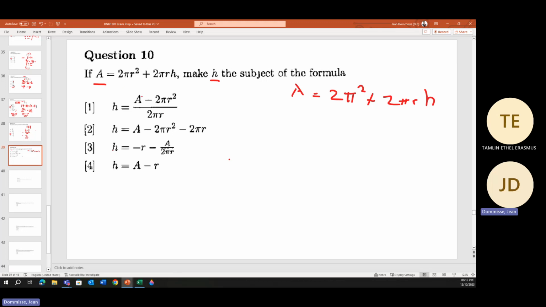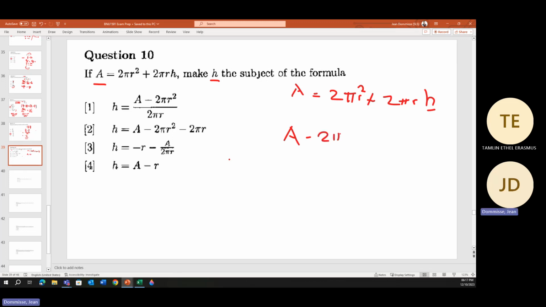If you look at all these options, the first thing I would have done is to say, okay, we need to isolate for h. So what I would do is first get rid of the 2 pi r squared. To get rid of that, we'll minus it on both sides.